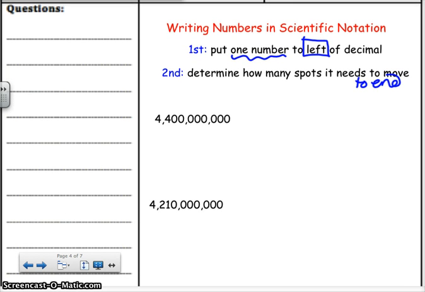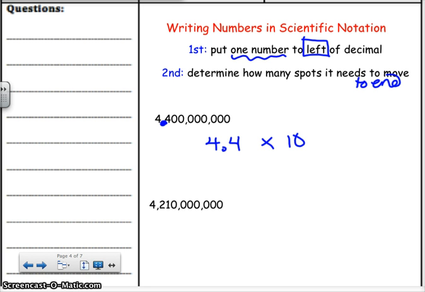All right, the first one. Where do you think I should put the decimal? Between the fours, because I want one number to the left. So I would put it right there. That was step one. So now I can write 4.4 times 10, and then I need to say how many spots I need to move.